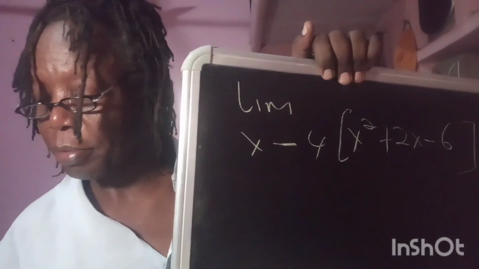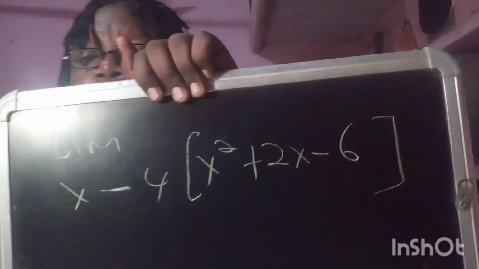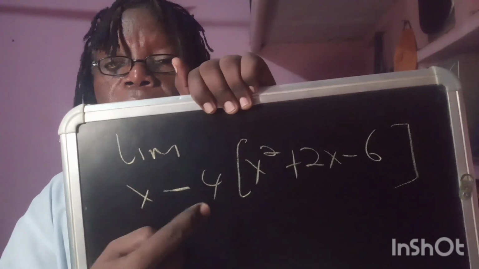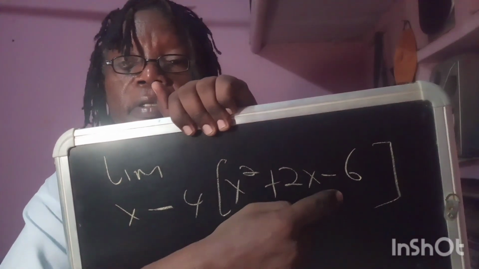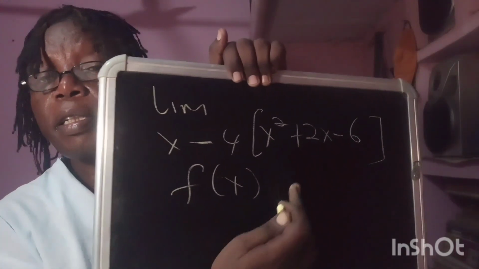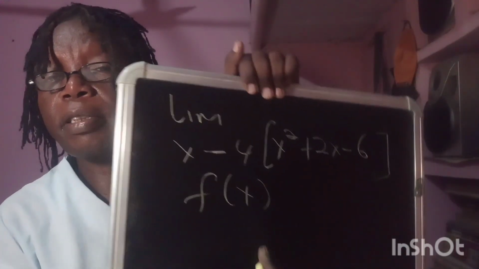I mean, we are making these values from my head. I'm not copying from a book, just making them up. So the limit as x gets closer to 4 of this function f of x. Actually x is a placeholder. f of x approaches a certain limit.